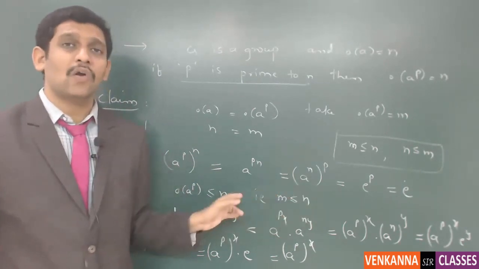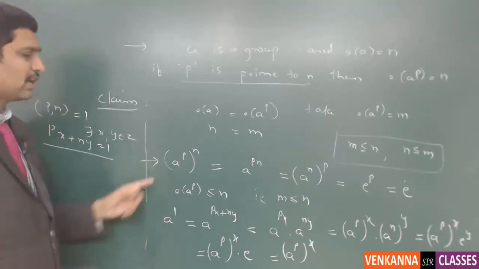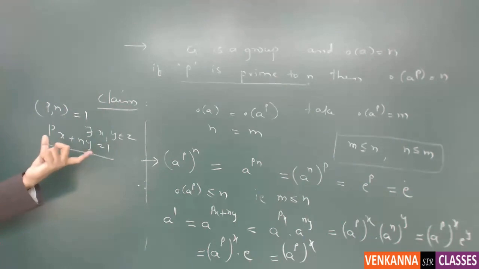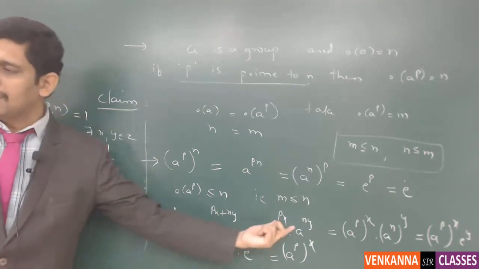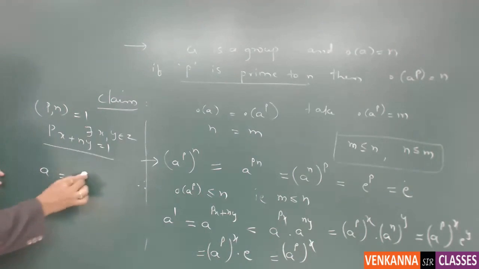That means the order of this value must be less than or equal to n. So in the first place, I got the result. Since they are relatively prime, by using the technique of relatively prime of two numbers, I have taken that a power 1 is equal to a power p whole power x. Now, I got this one.